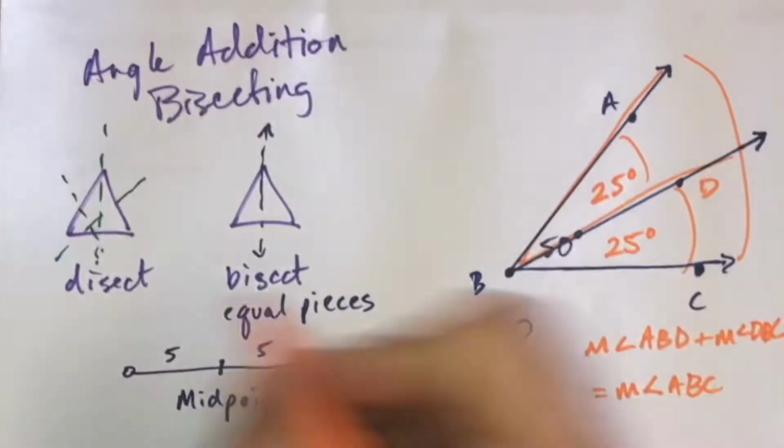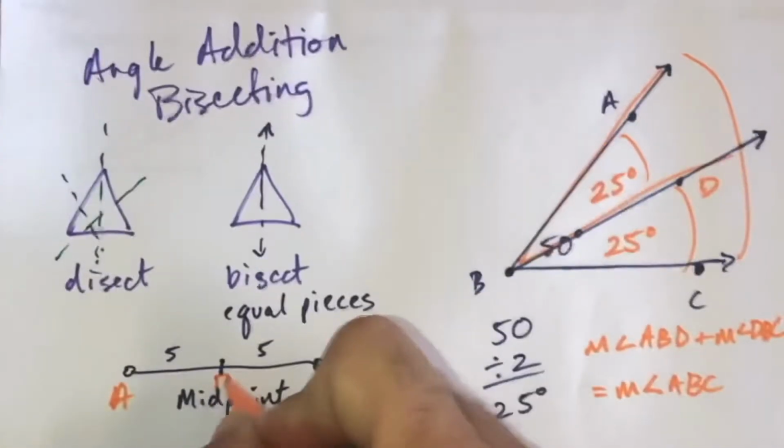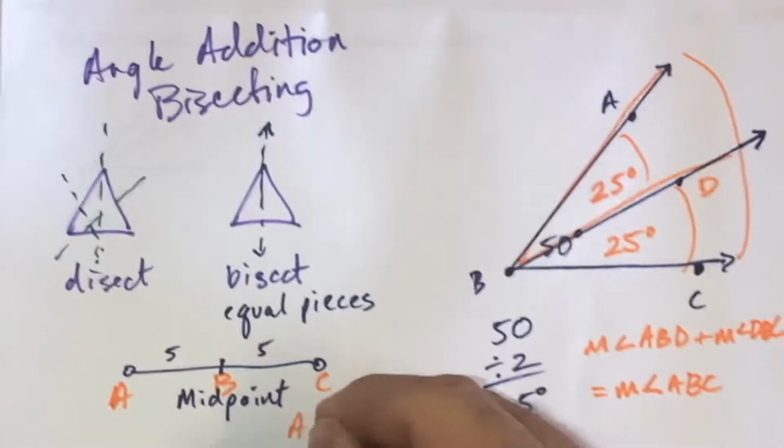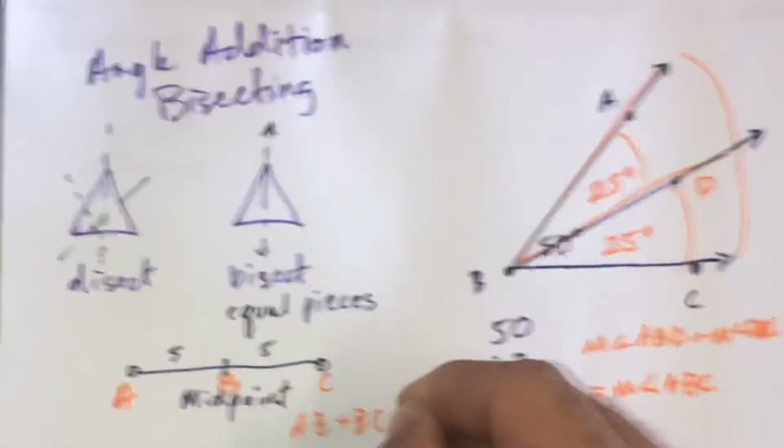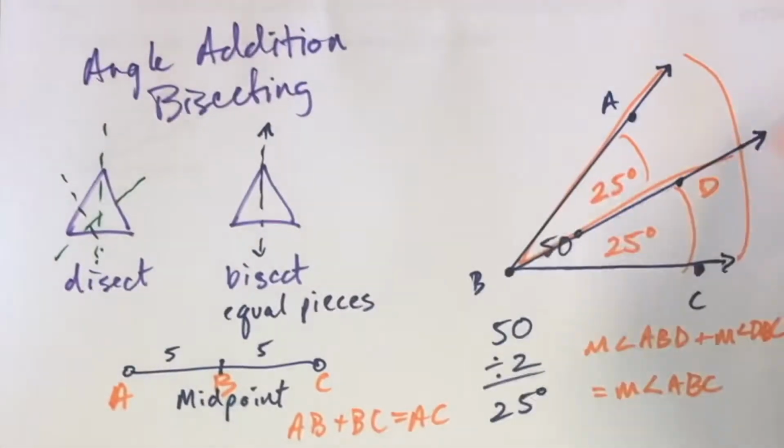And we saw the same concept with segment addition, AB plus BC is equal to AC. That's the same thing here. The two smaller angles will equal the larger angle.